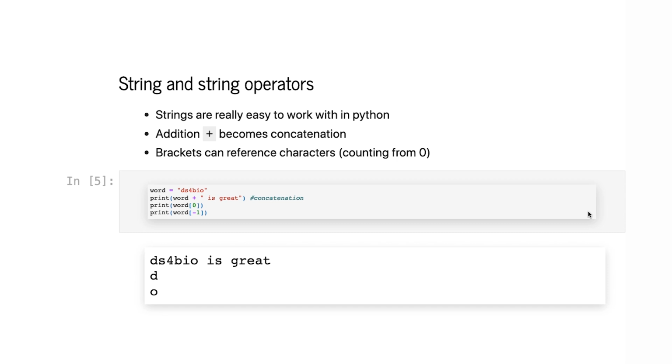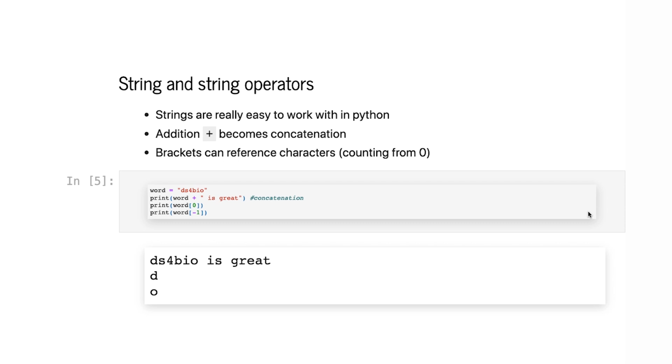You'll see it prints out ds for bio is great. Similarly, if I type word bracket 0, that's going to give me D because that's the first letter, remembering that Python counts starting at 0.